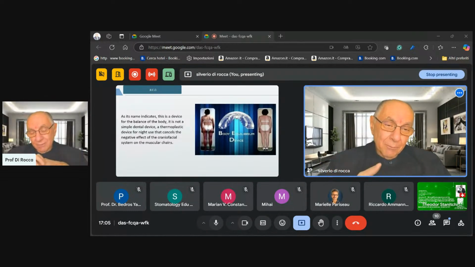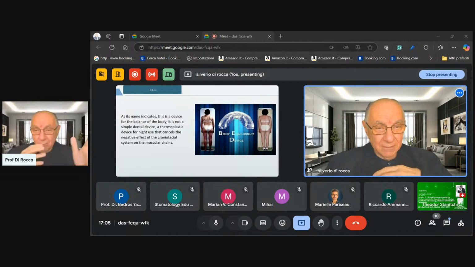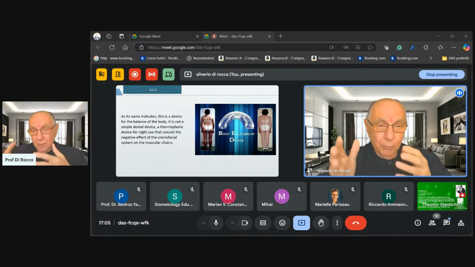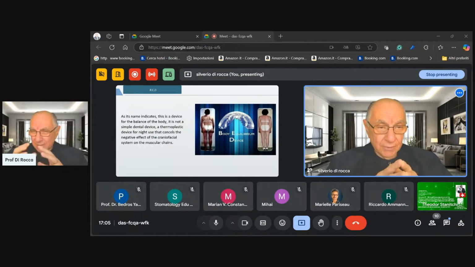That's why I call it B.E.D, to make the difference between a biplane. It's Body Equilibrium Device. It's a device for the equilibrium of the body. It's a very different concept to make the rib.